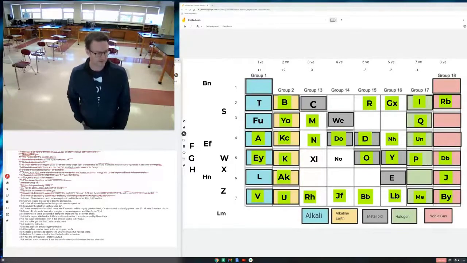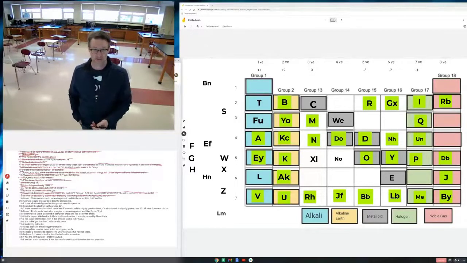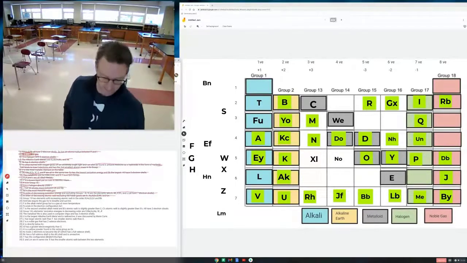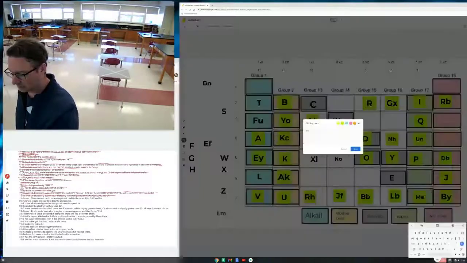Group 15 has elements with increasing atomic radii. Increasing is going down. Okay, so the biggest elements are at the bottom in terms of radius, the smallest at the top. In group 15, or R, which we have, HN, so that is locked in place.